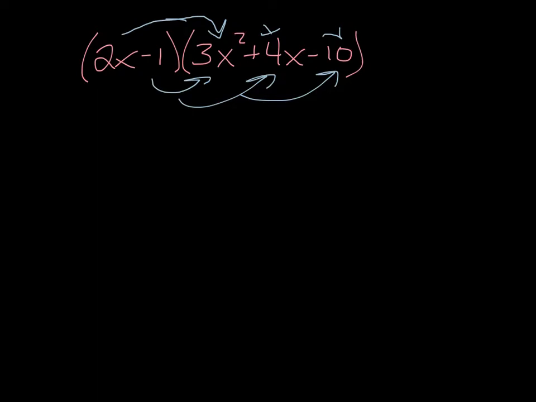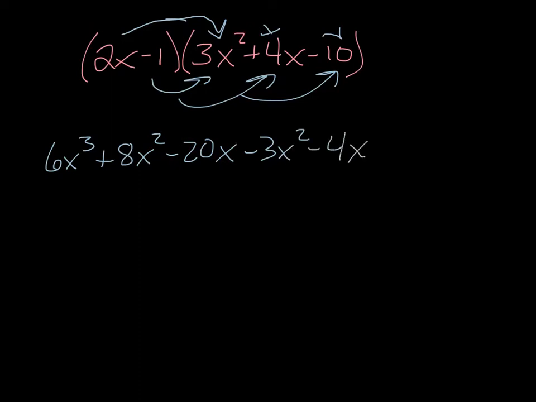So 2x times 3x squared is 6x cubed. 2x times 4x is 8x squared. And then finally negative 20x. All right, now we're done with the first term. We're going to move on to the second term, the negative 1. Then we're going to get negative 3x squared minus 4x plus 10.